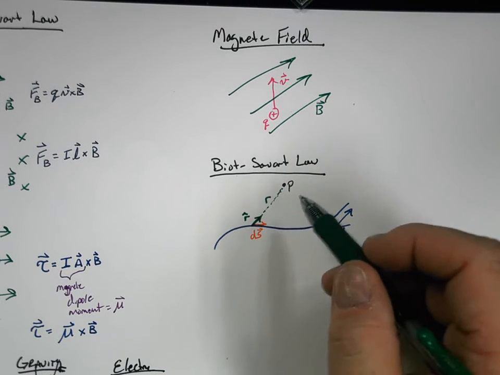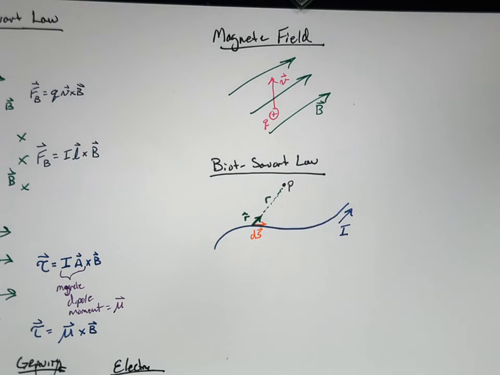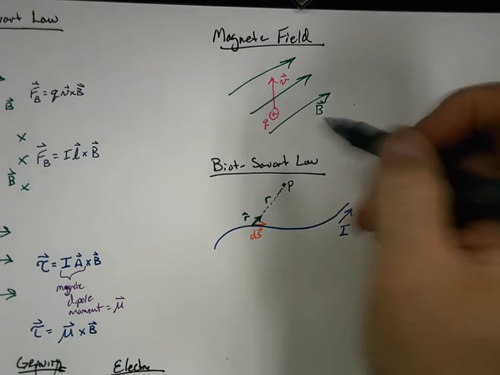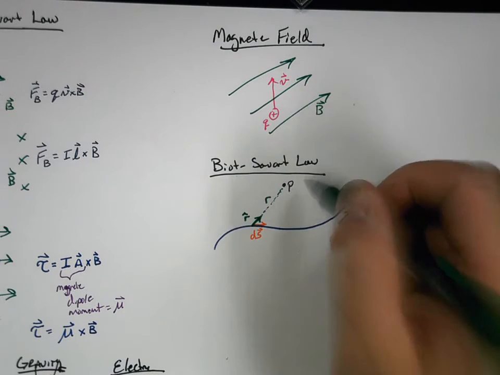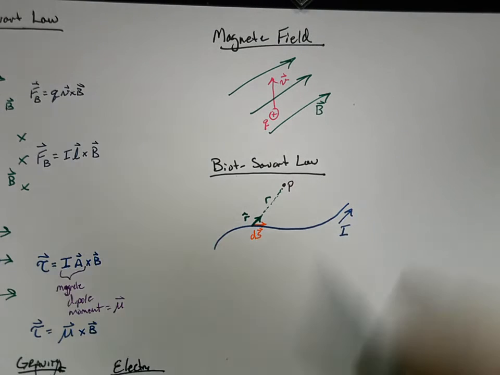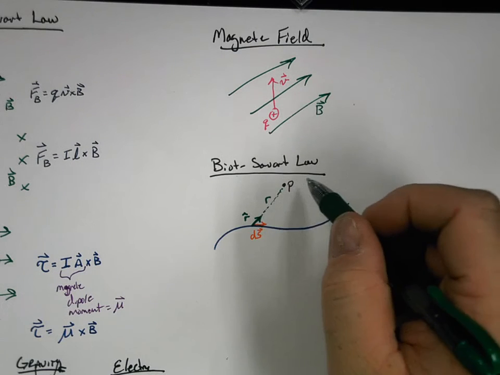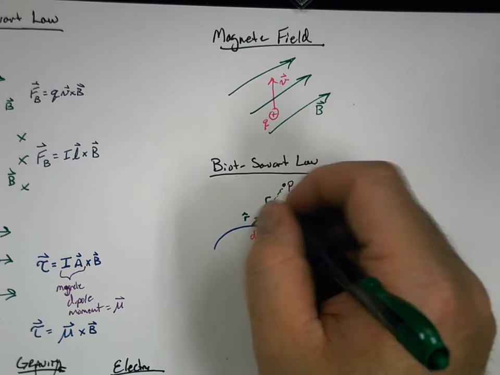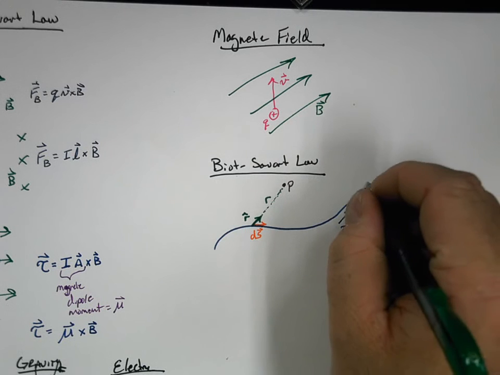In fact, it's going to be according to r squared, which should make sense. This inverse square law is a pretty standard concept throughout physics and throughout all of science.